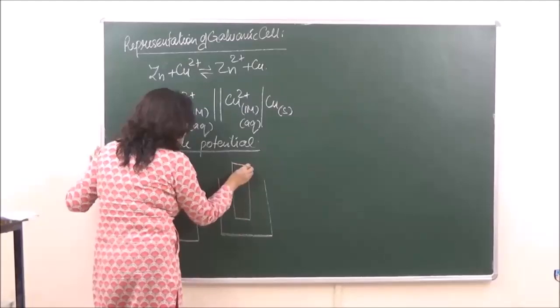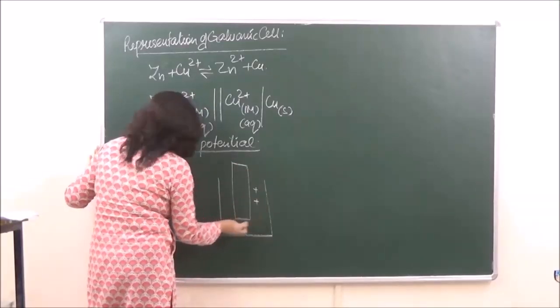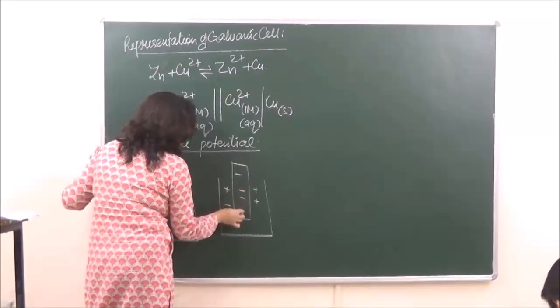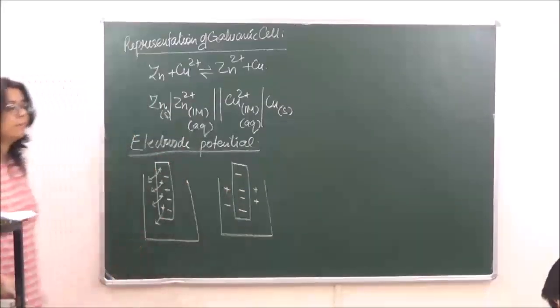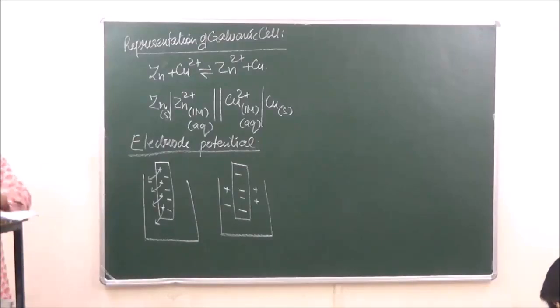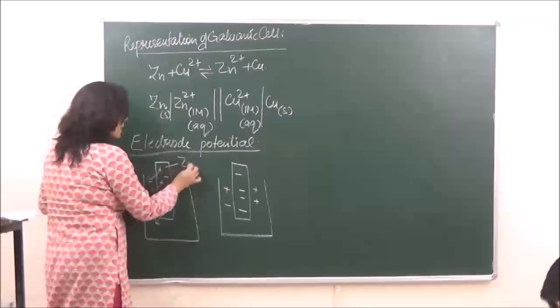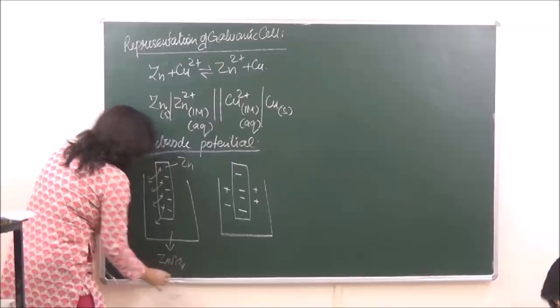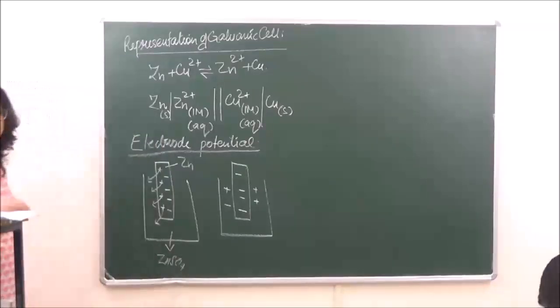That all the positive charges that go into the solution and the negative charges they are left behind in the plate. Right? This is what happens when we are placing a plate of zinc in zinc sulfate solution.